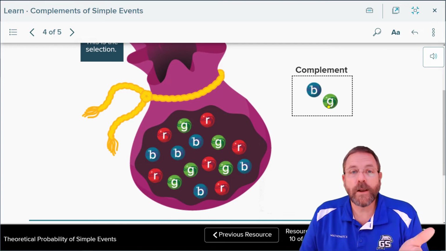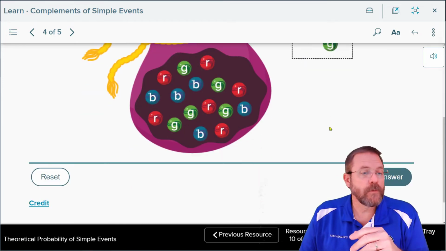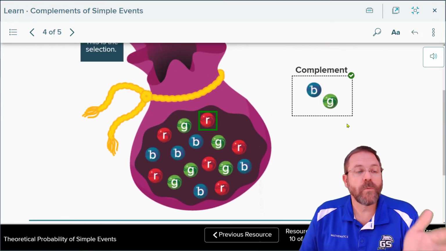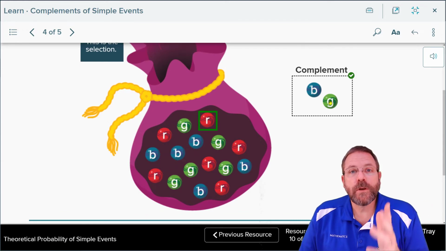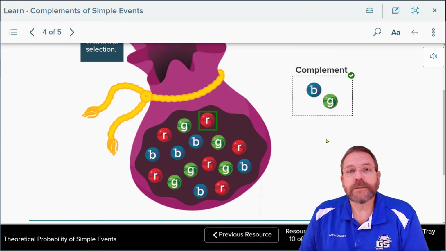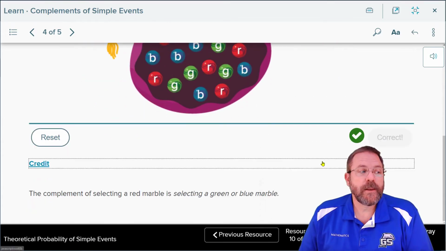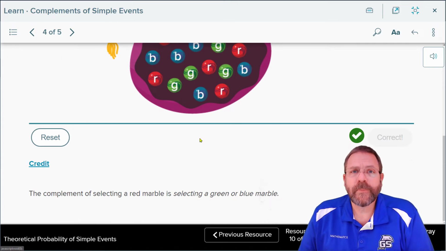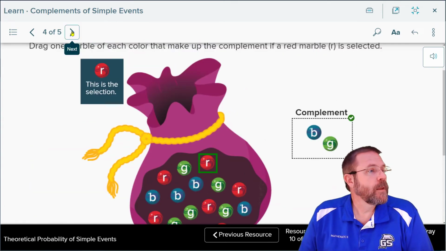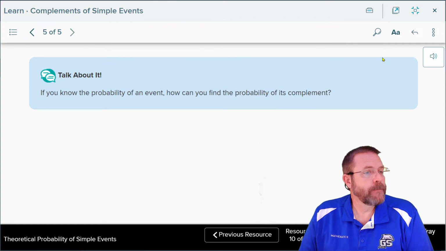You don't have to drag them all over there because that's kind of redundant. Check your answer, and once again, that's correct. Blue and green are the complement. Red is going to be the winner. You're not dragging all the blue and green marbles over. You're just acknowledging the fact that getting a blue or green, that's going to be your losing marbles. And yep, that's it for that part.